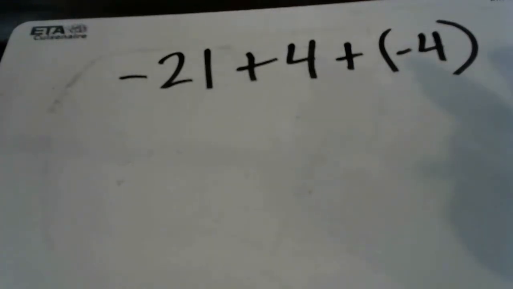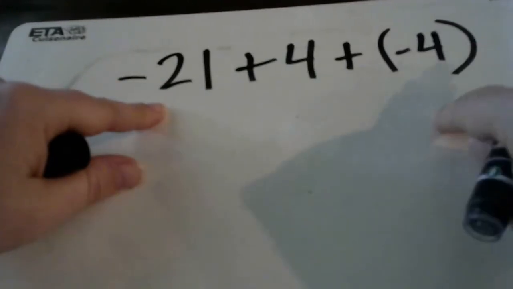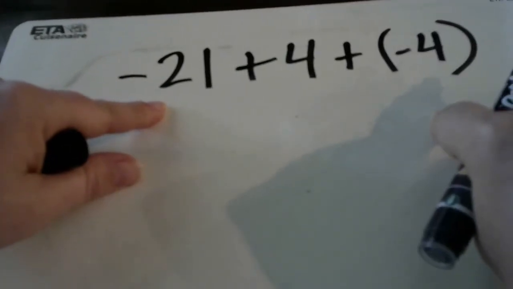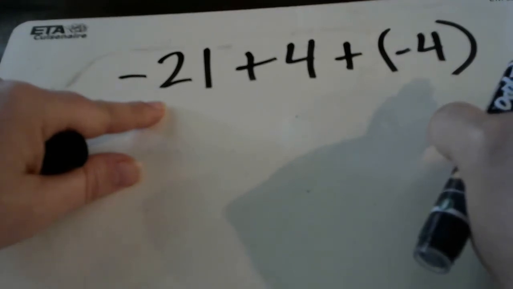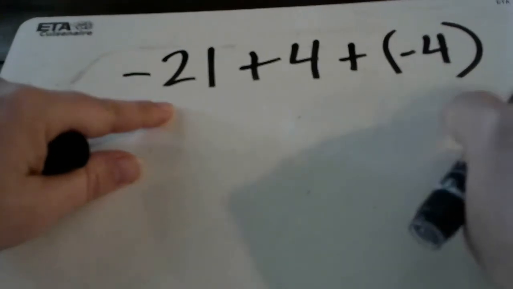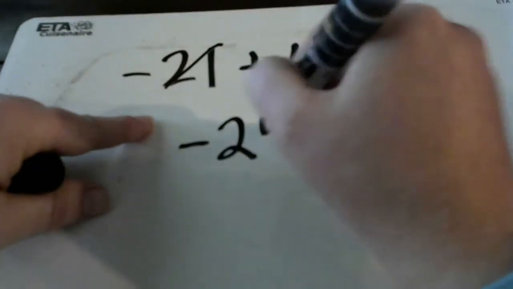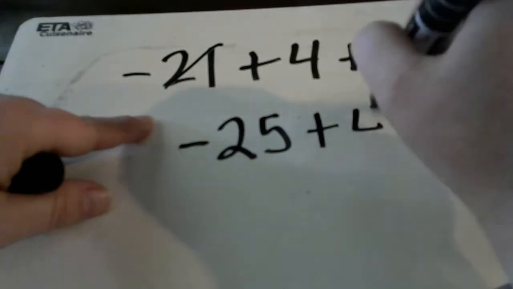But what I want to do to make my life easier is combine my two negatives, combining my likes. This will also help you with algebra and when we get on to some more difficult problems. So I'm going to combine negative 21 and negative 4. Okay, 4 plus 1 is 5, so it's going to be negative 25 plus a positive 4.